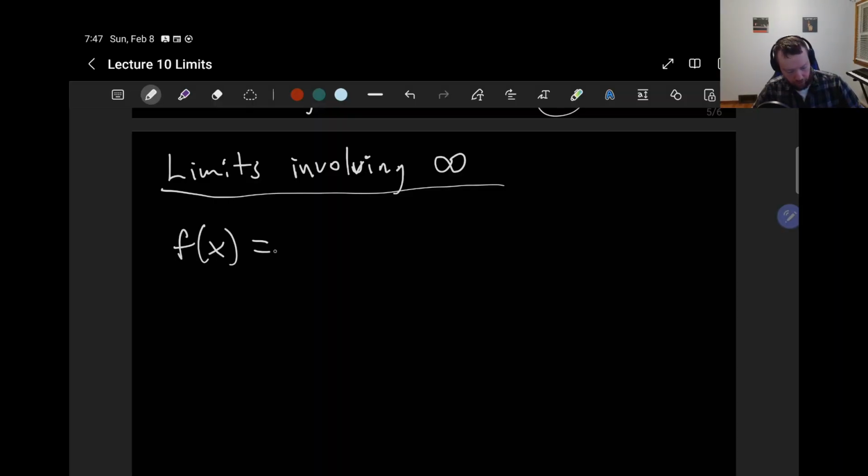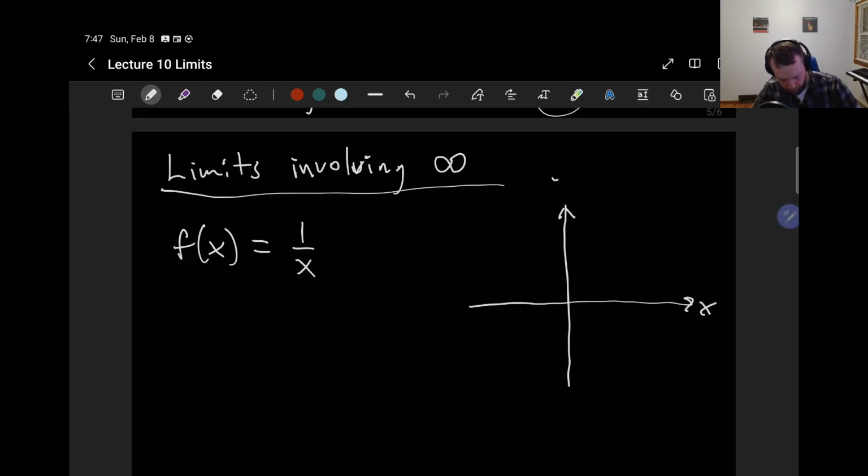Let's take a look at the function f of x equals 1 over x, or y equals 1 over x. Let's draw a graph. So if you want, you could plug in some x values and try to make the shape from there. I won't spend too much time doing that.